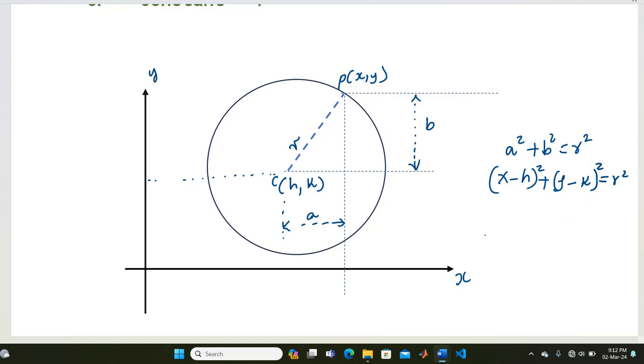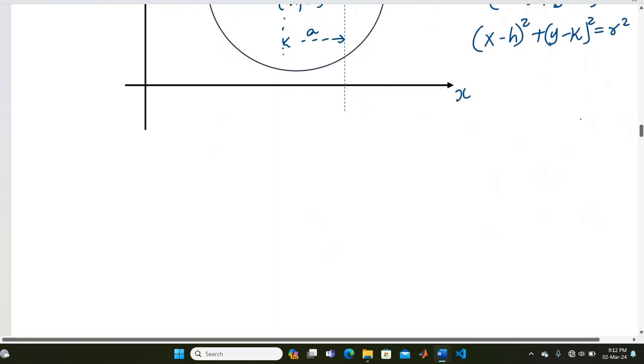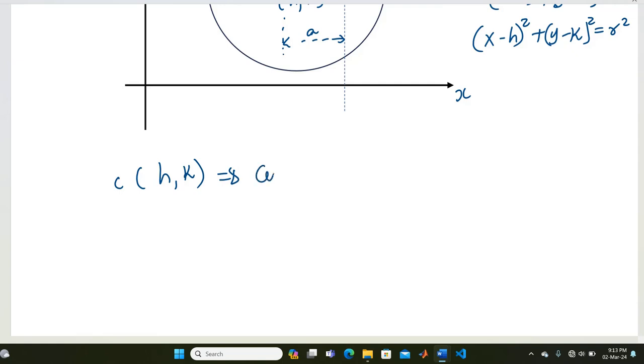So in simple terms, the equation of this circle or of this locus of point P is always going to be (x minus h) squared plus (y minus k) squared is equal to r squared, whereby we are going to define this and say that (h, k) is what we are calling the center, then r is called the radius of the circle.